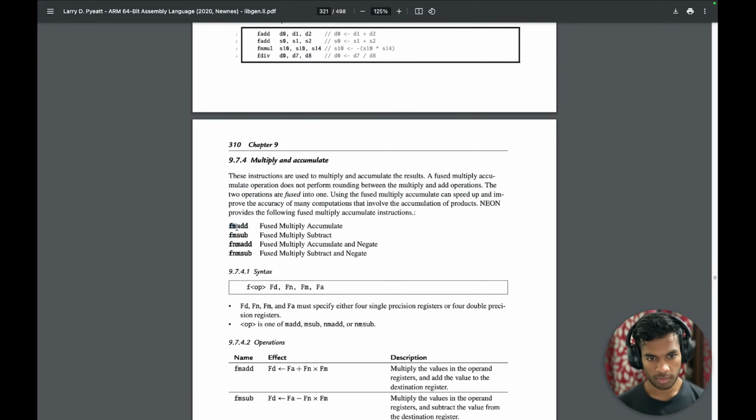Fused multiply add, fused multiply subtract, fused negate multiply add, fused negate multiply subtract.